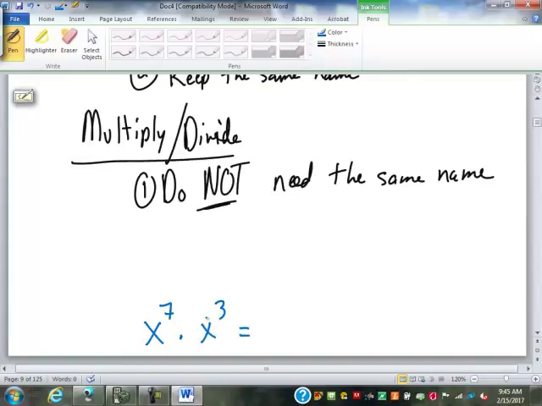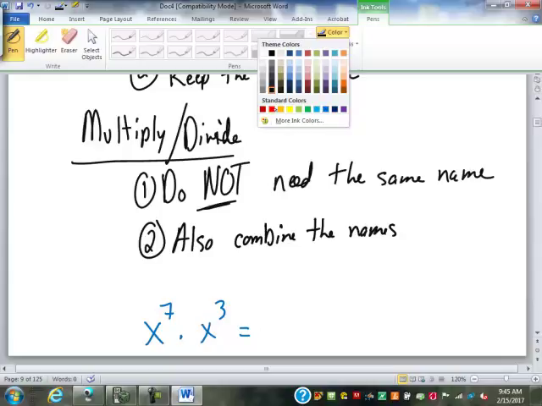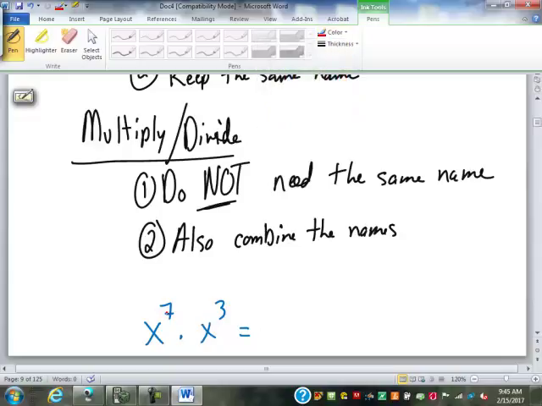They're not the same name, but when we're multiplying, we don't need the same name. When we multiply or divide, we're going to also combine the names. So when we multiply here, we take the x to the 7th and x to the 3rd, and we combine them to get x to the 10th.